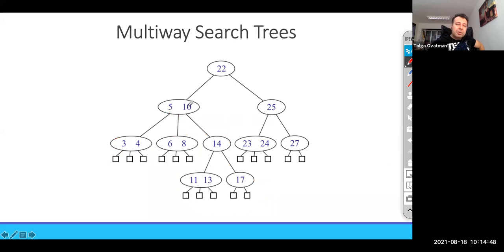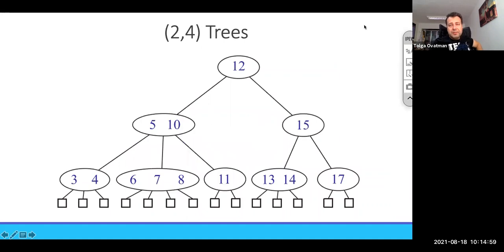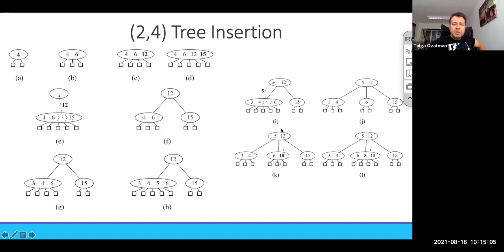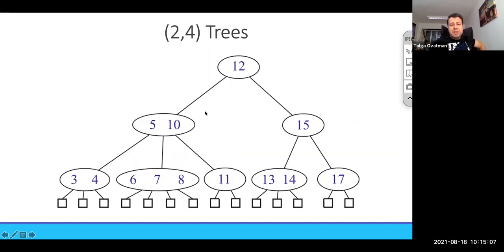But according to different numberings, they take different names. One frequently used one is 2-4 trees. So there's 2-4 trees. In this 2-4 trees, what you do is you limit yourself with 4 descendants.